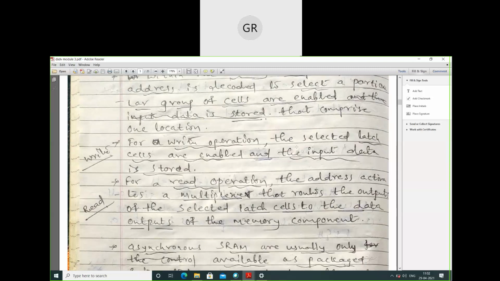What about the write operation? For a write operation, the selected latch cells are enabled and the input data is stored during the write operation.